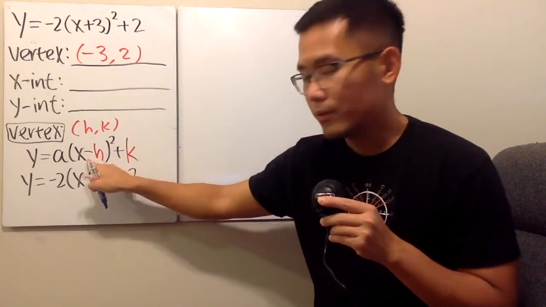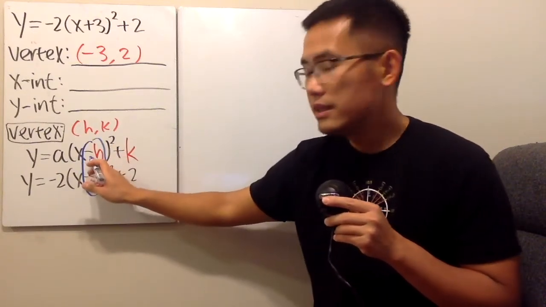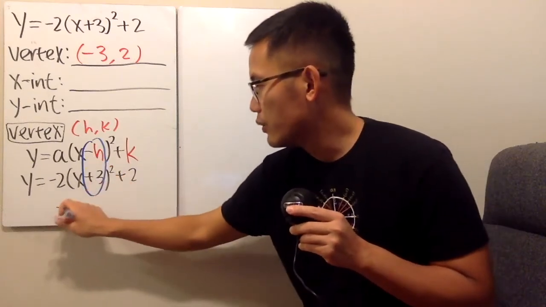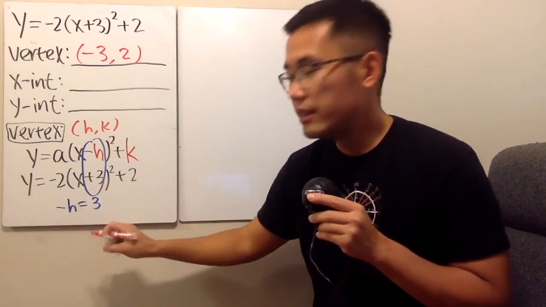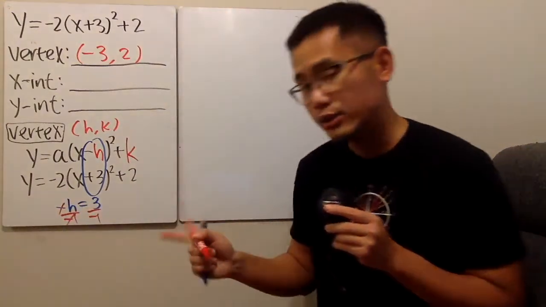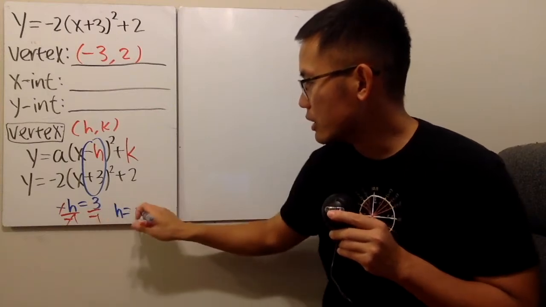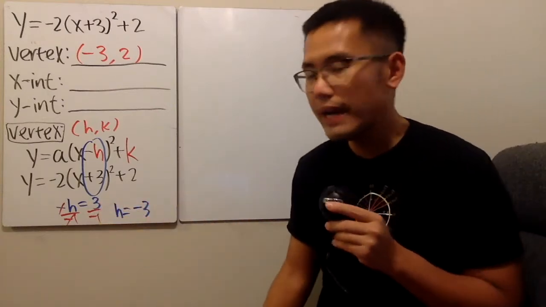Notice that right here though, you have this, right? You see, this is -h, that's equal to +3. So if you do the work, you get -h equals +3. Then you divide both sides by -1. So you actually get what? h being equal to -3, because 3 divided by -1 gives -3, right?